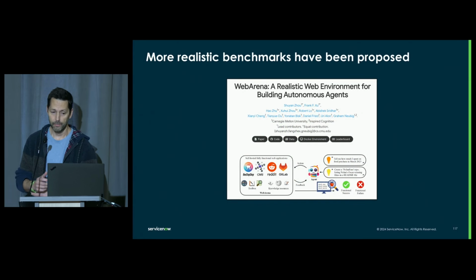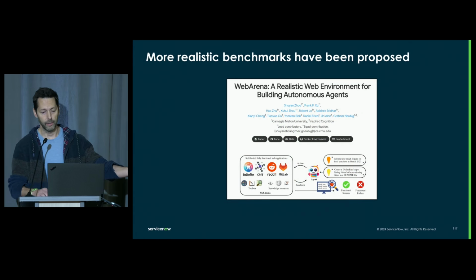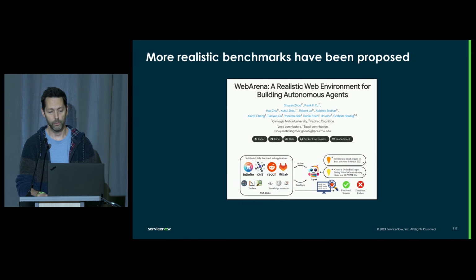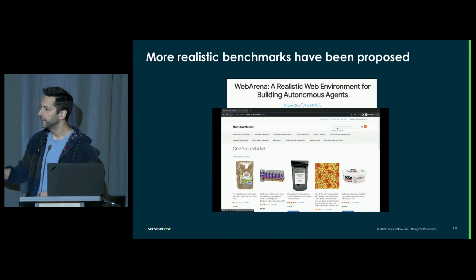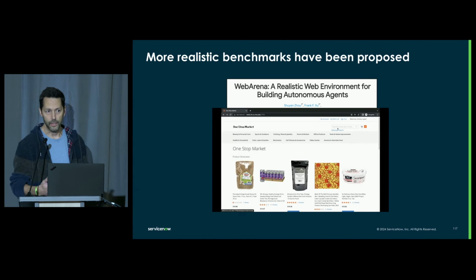So at the same time, Shuyan from CMU came out with WebArena. It's a Dockerized environment based on a one-stop shop, Reddit, and GitLab, and there are 800 different tasks that you can go and try your agent on.